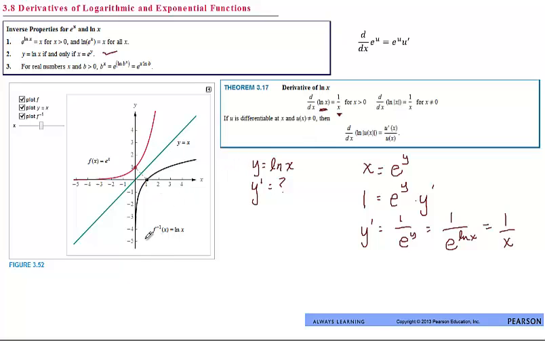Remembering that I can't take the natural log of 0 or negative numbers, it has some domain restrictions. That's why we see a restriction here for the answer to the derivative of the natural log of x.